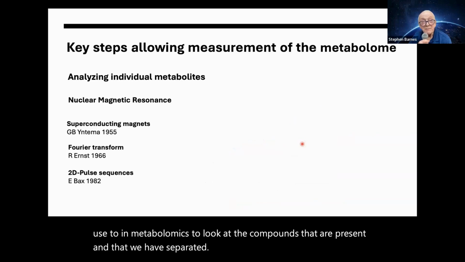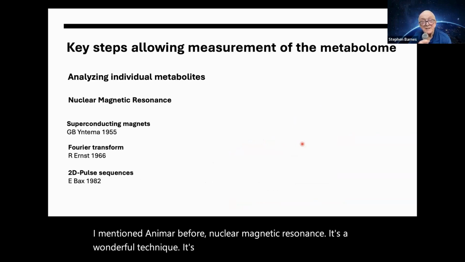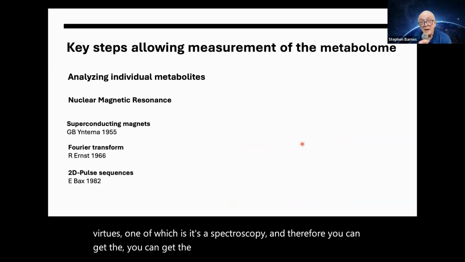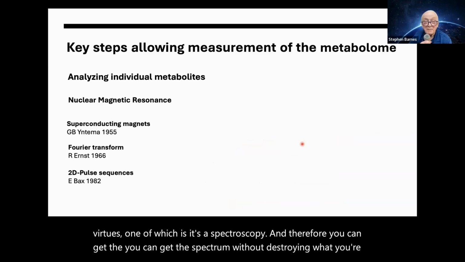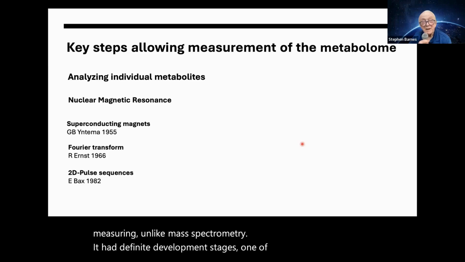I mentioned NMR before, nuclear magnetic resonance. It's a wonderful technique. It's not sufficiently sensitive, but it has great virtues, one of which is that it's a spectroscopy, and therefore you can get the spectrum without destroying what you're measuring, unlike mass spectrometry. It had definite development stages, one of which was to use superconducting magnets.